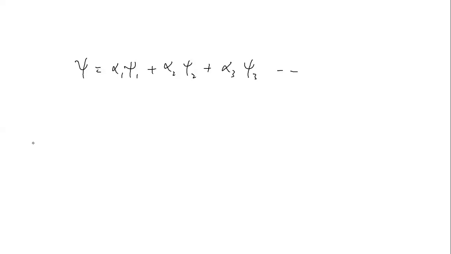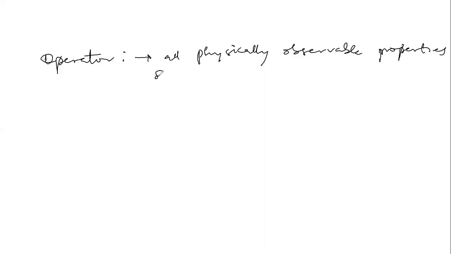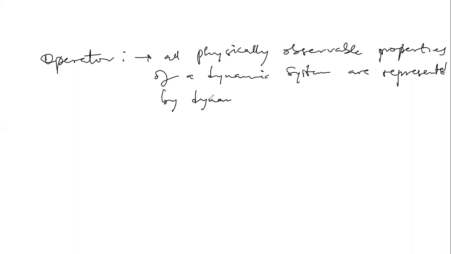And now you see that for the operator, this states that all physically observable properties of a dynamic system are represented by dynamic variables that are linear operators, okay?